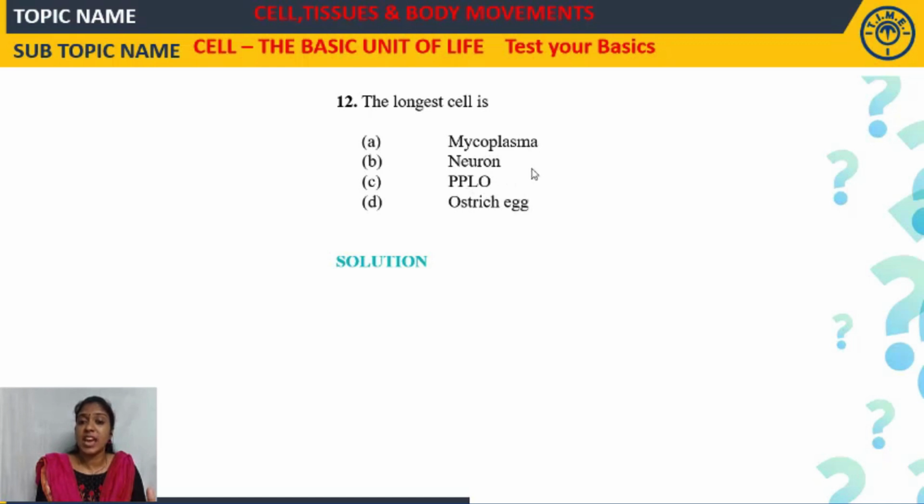They are mycoplasma itself, a category of bacteria. It is not the longest cell. And ostrich egg is the largest cell. So what is the answer? Very easy. The longest cell is the neuron.